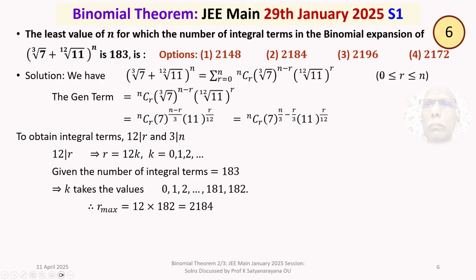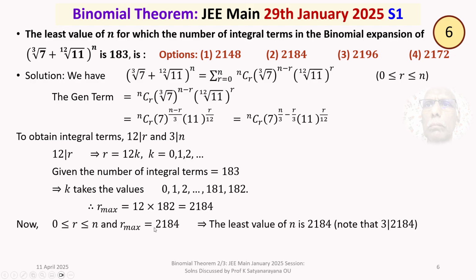Now, look here, 0 less than or equal to r less than or equal to n. The maximum value of r that it can take is 2184. That means 0 less than or equal to 2184 less than or equal to n. What is the least value of n? n must be 2184. The least value of n must be 2184.